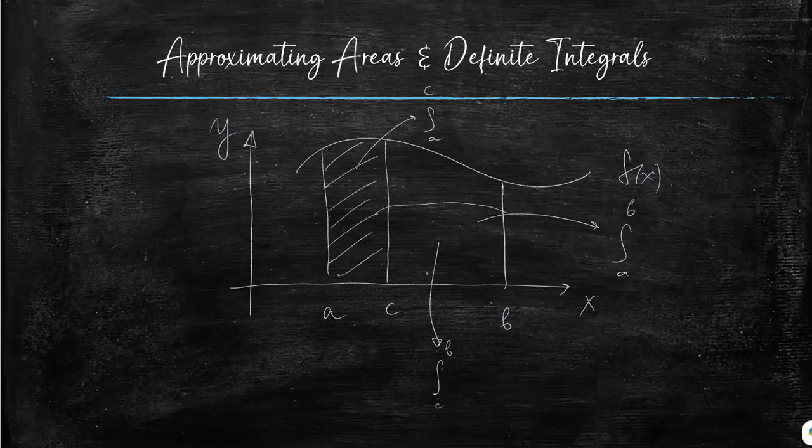This is your area from A to C, and this is your area from C to B. Of course, together, it's the area from A to B. So the subdivision property makes perfect sense in the context of definite integrals.